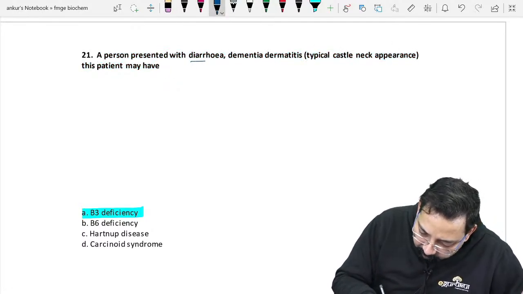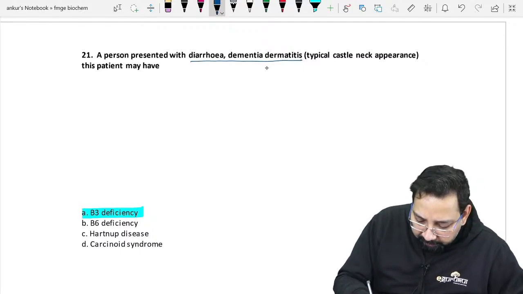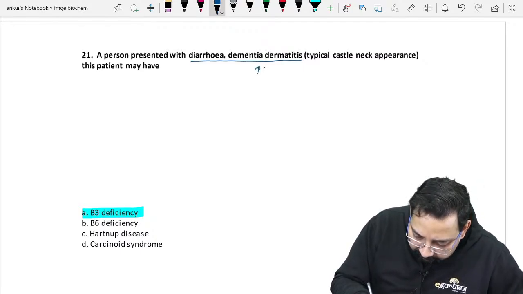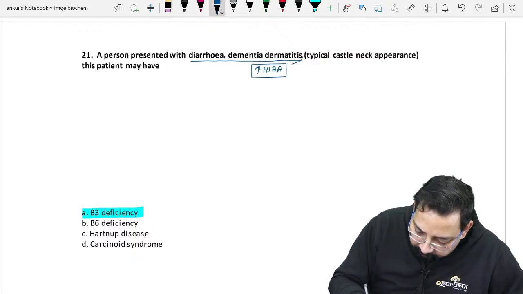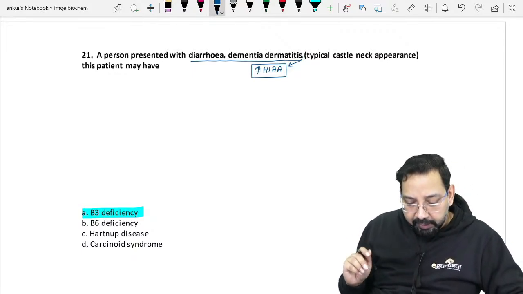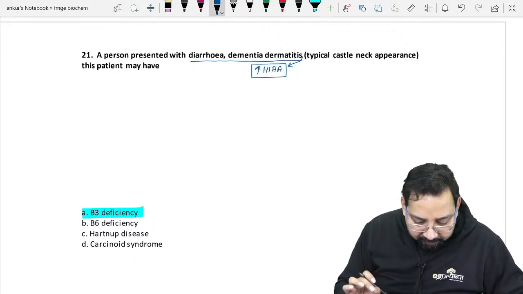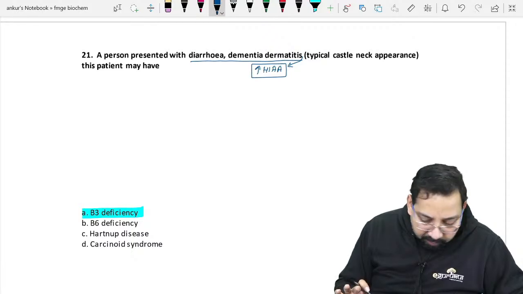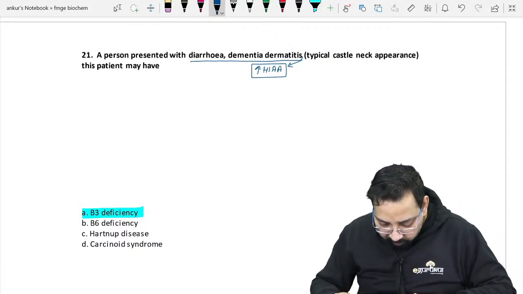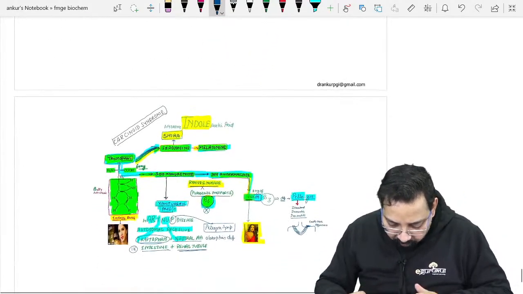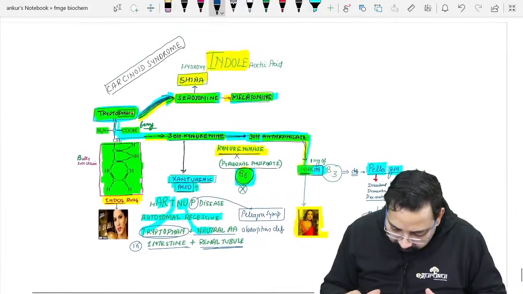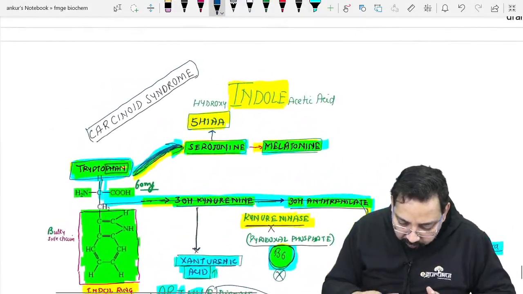In the same question, if I add there is increased HIAA, means in the same question if they added increased HIAA, so no haya, no sharam, baby doll, Nia Sharma, Antara Mali, so much of haya.